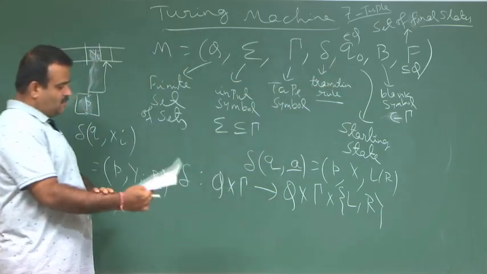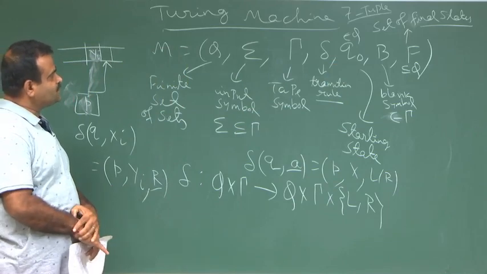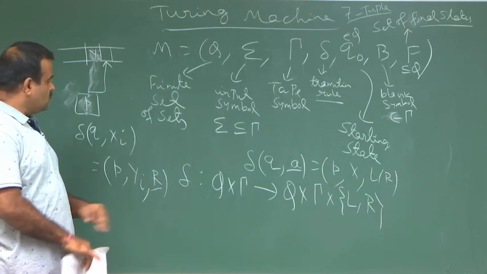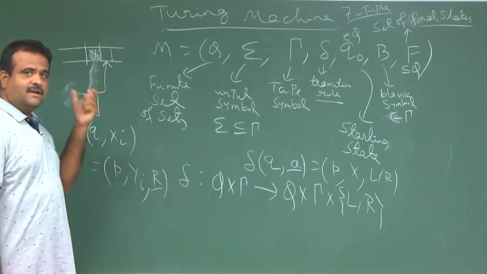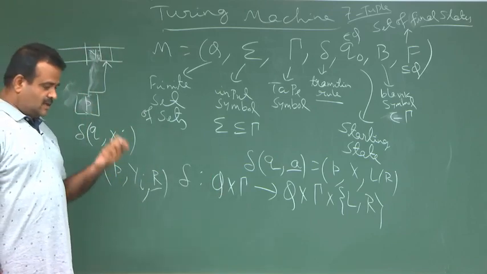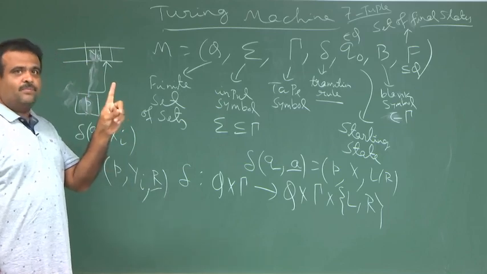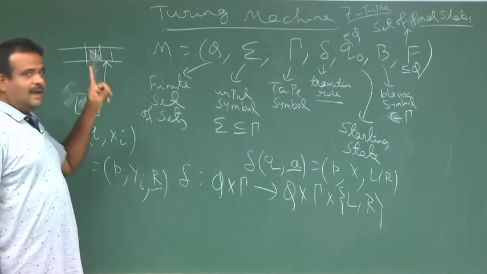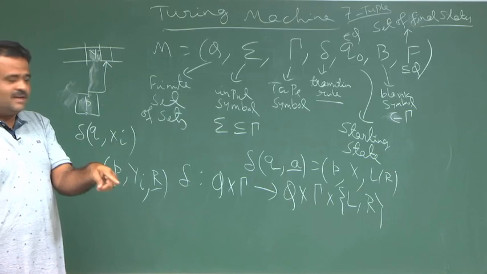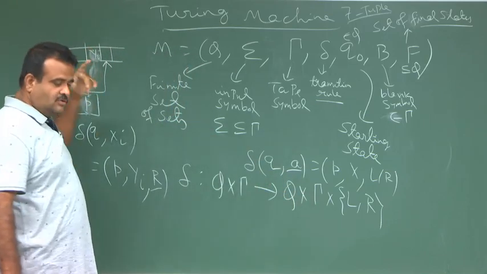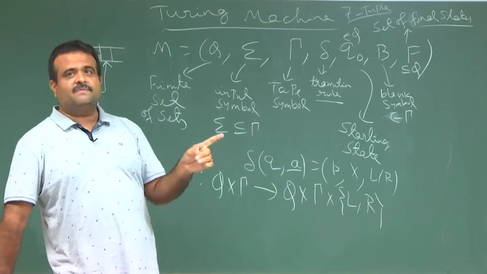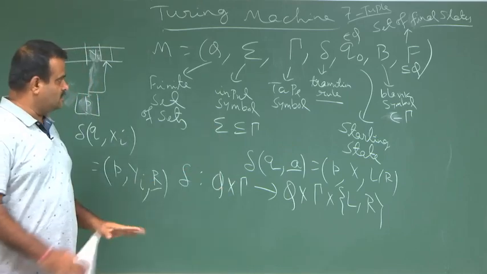And we have the transition rules, a function which takes a current state and the current symbol of the tape where it is pointing, and it will change the state and replace the symbol, and the tape head will move either to the left or right. So, that is the way.